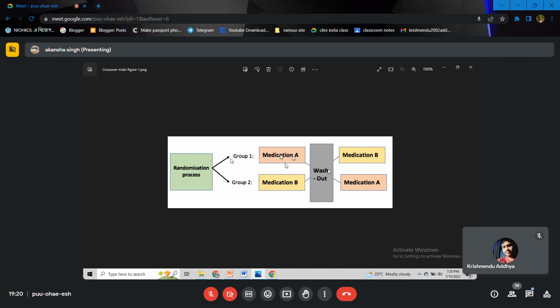After that, the patients who got medication A will receive medication B, and those who got B will receive A. Take an example, like medication for osteoporosis. These two groups are getting a medication. At a certain period their medication will stop so that they return to the original state of their disease.